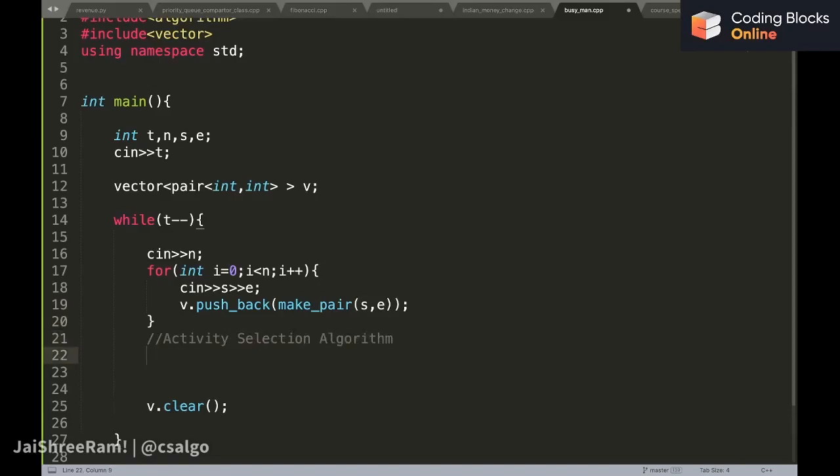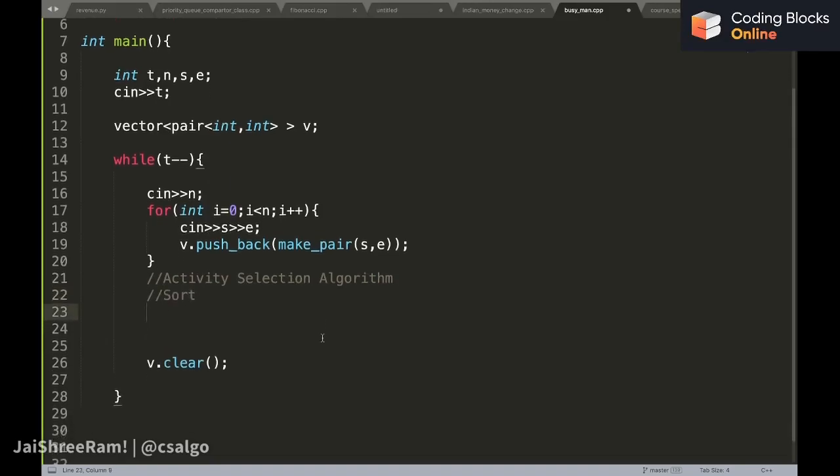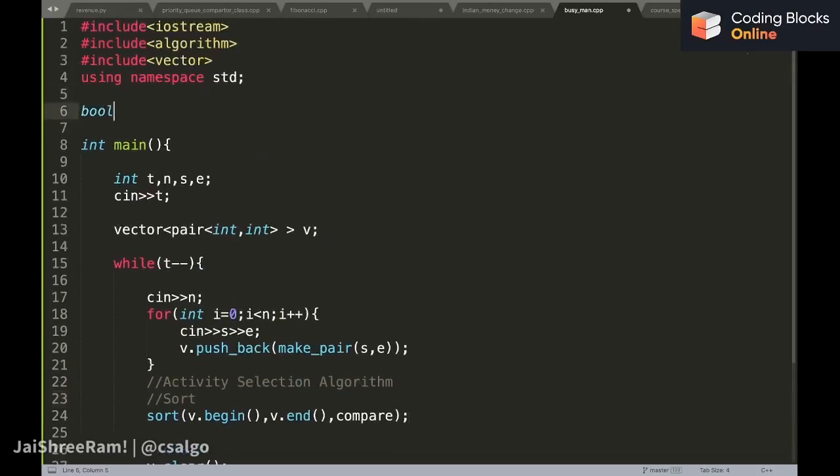Okay, so first thing is we need to sort all the activities according to the finishing time. So I can say sort v dot begin, v dot end, and I need to define my own compare function. So I can say bool compare, and here we will be comparing two pairs, pair of int p1 and pair of int p2.